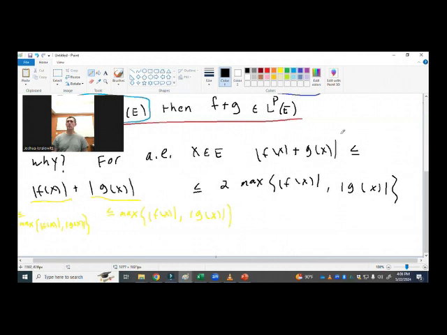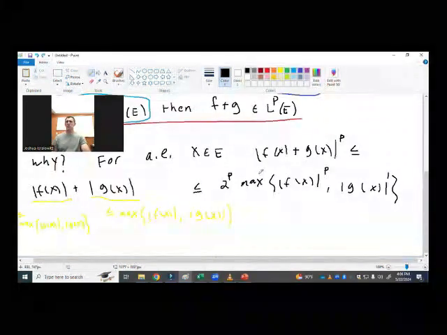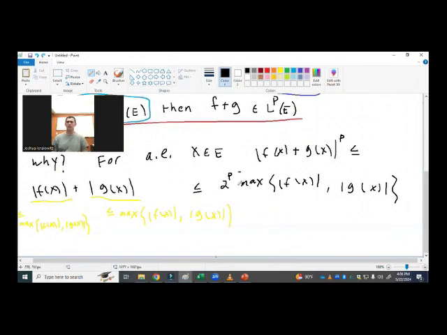It avoids having to foil the absolute value of f of x plus g of x, which in general you can't do unless p is an integer. If I raise a maximum to the p, all that does is take the maximum of both of these to the p. Check that yourself if you so desire.